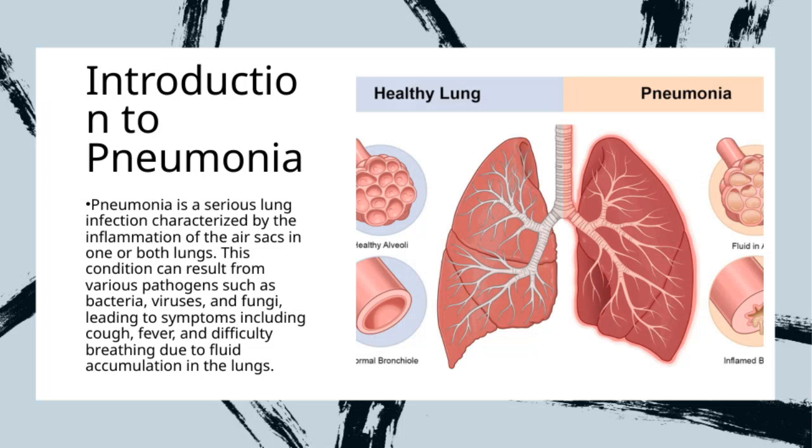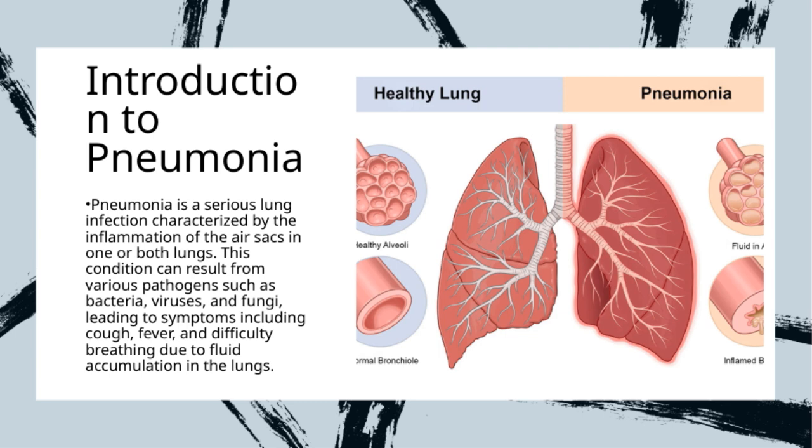Pneumonia is a serious lung infection that involves inflammation of the air sacs in the lungs, and it can affect either one lung or both. This condition is caused by different types of pathogens, including bacteria, viruses, and fungi. Because of these infectious agents, the lungs respond with inflammation, which often leads to symptoms like a cough, fever, and difficulty breathing.